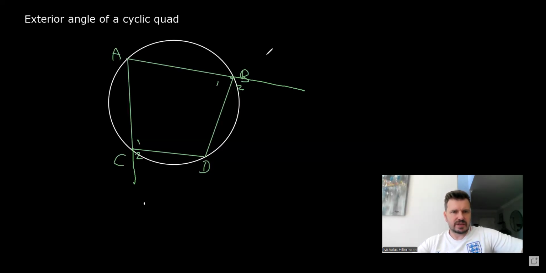In this case, we'll highlight this exterior angle, AB2, and that'll be equal to the opposite interior angle, C1. So we will say B2 equals C1.